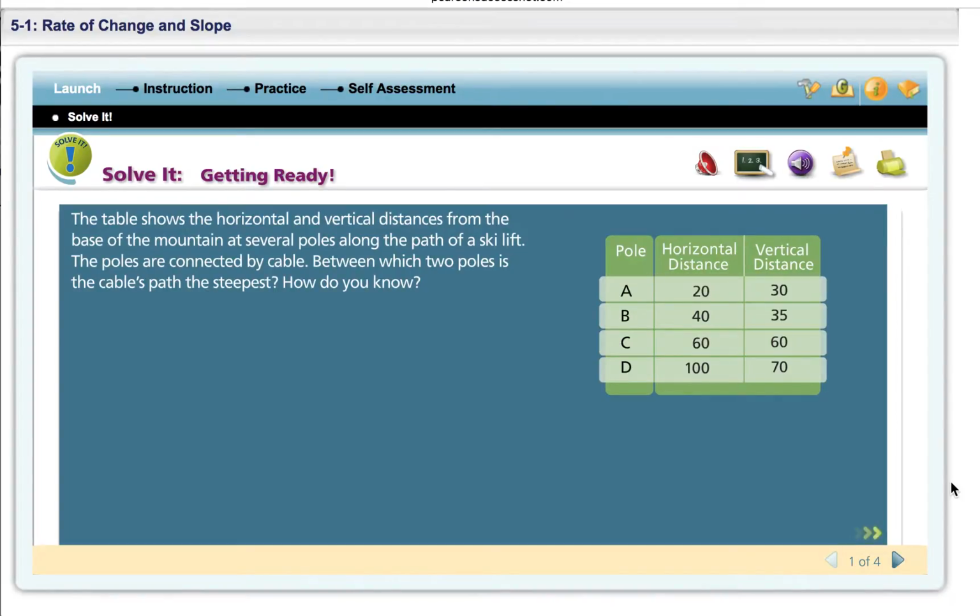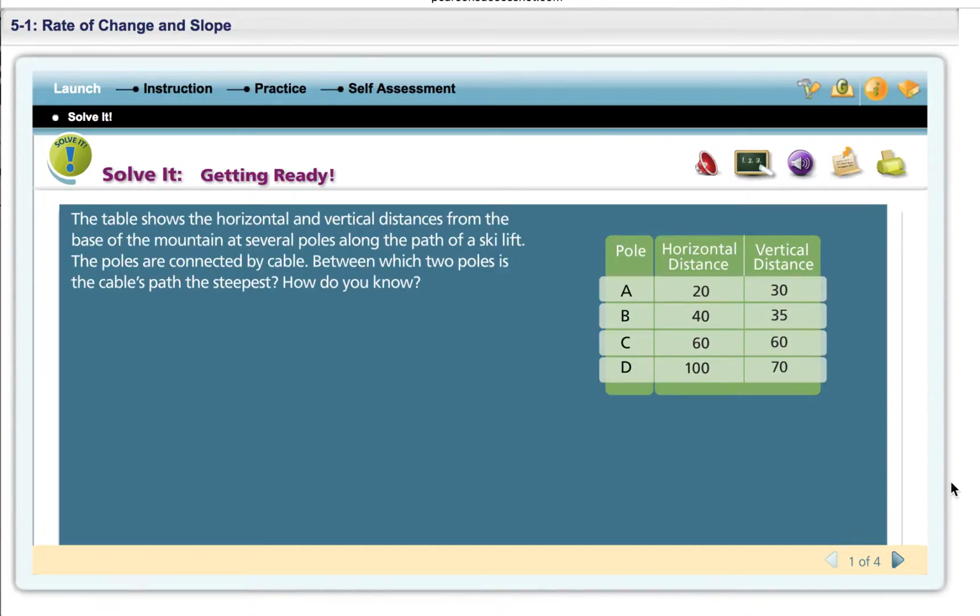So again, if you can imagine being at the ski area, between each of the lift towers, the cable connects at each one of those towers. Based on the information in the chart, we want to figure out between which two poles it's the steepest.